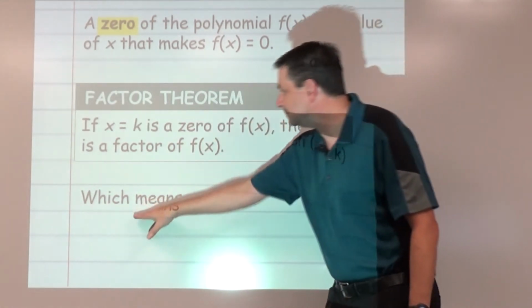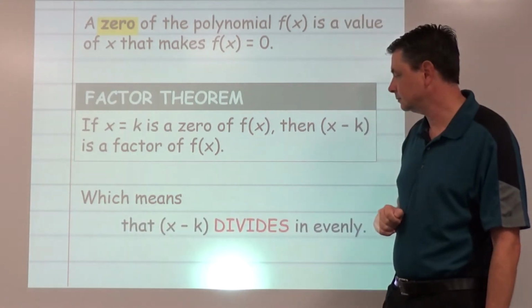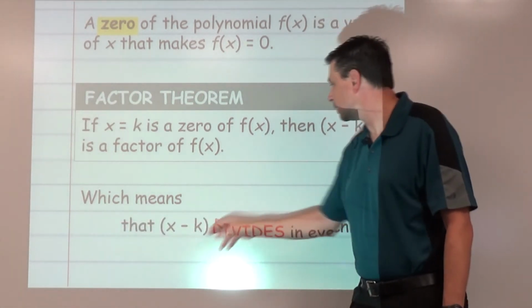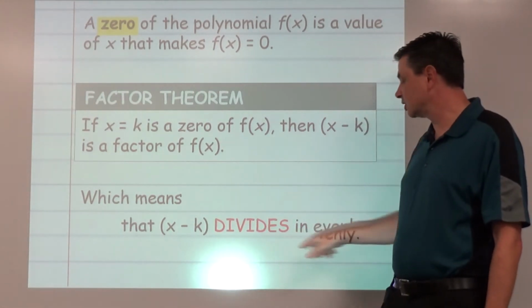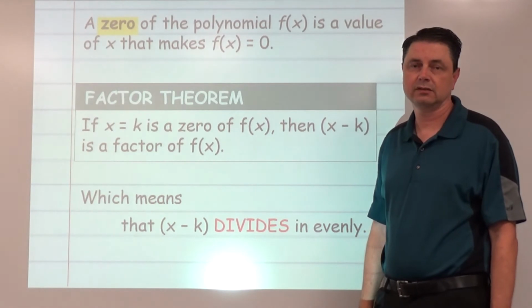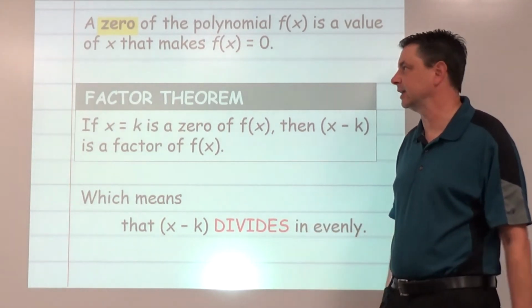So what the factor theorem means is, since it's a factor, that this x minus k is going to divide evenly into our function f of x. And that's important. So we're going to see what that looks like in an example.